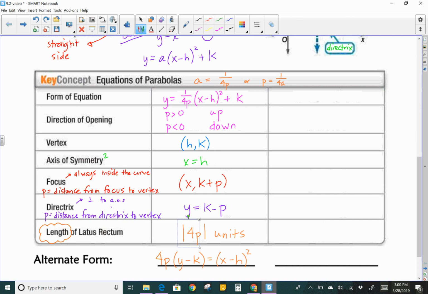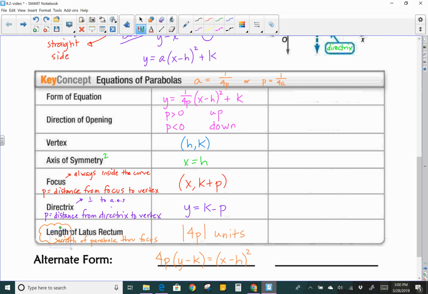So you have the squared part all by itself. Makes it easy to see that this number right here, when it's in front of the one that's not squared, is the length of your latus rectum. Okay, and as I mentioned before, this is the width of the parabola through the focus.